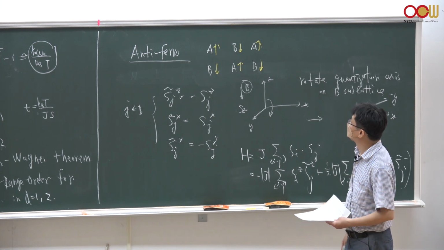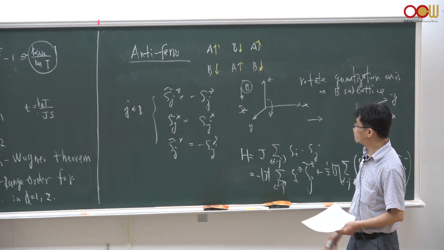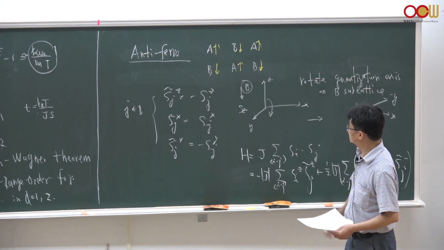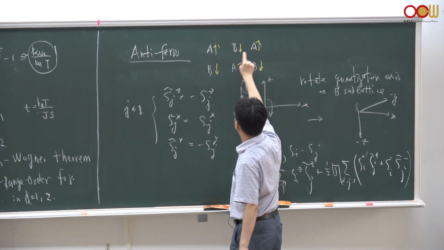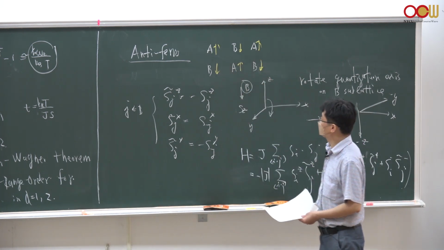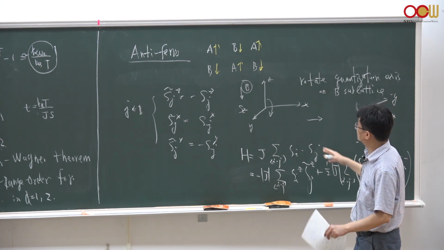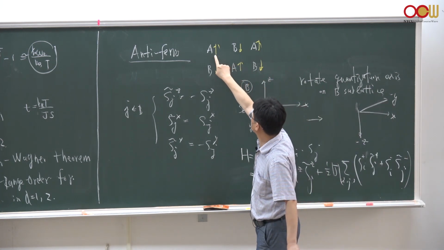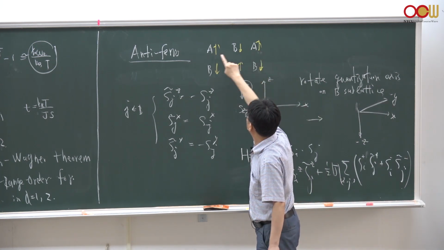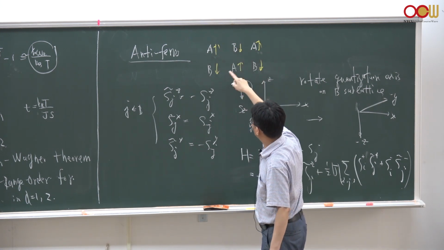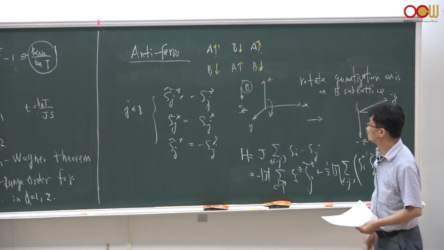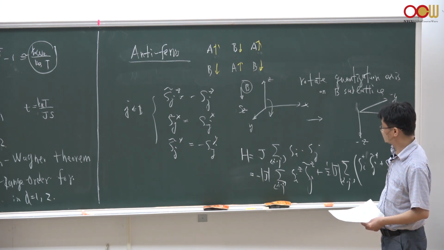but let me just start to analyze this Heisenberg antiferromagnet. As we mentioned before, the spins of the antiferromagnet are arranged in such a way that it has a sublattice structure, with all the spins on sublattice A pointing up and all the spins on sublattice B pointing downwards.